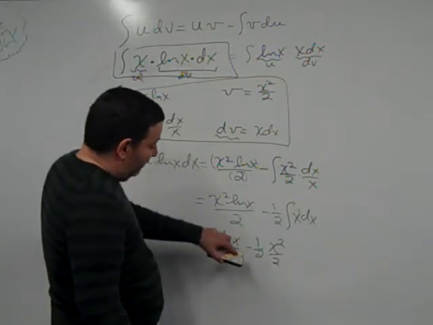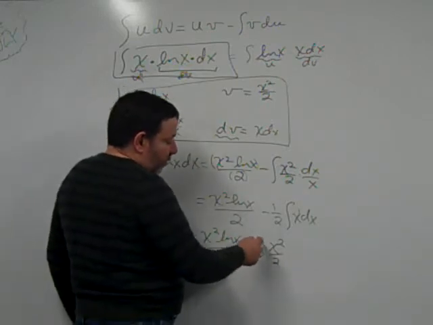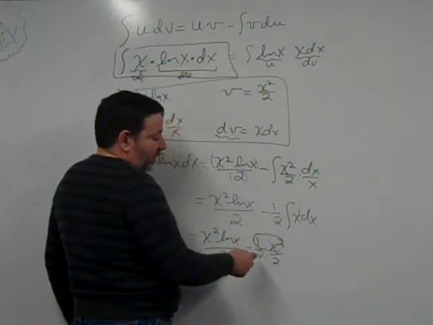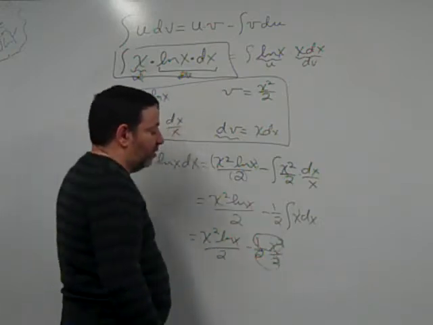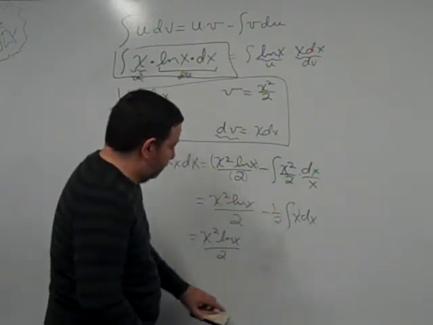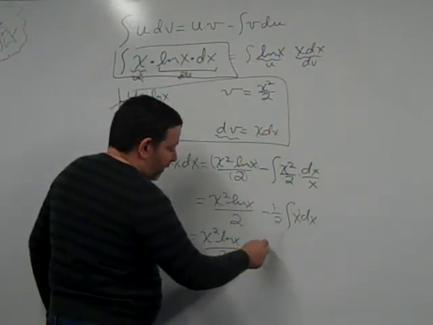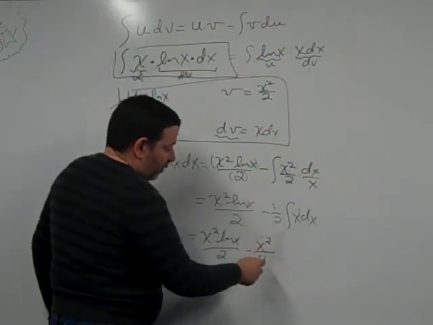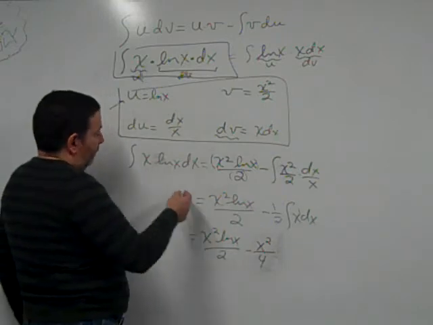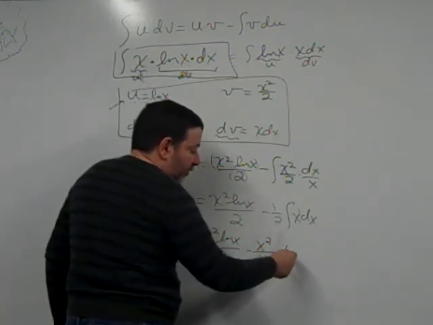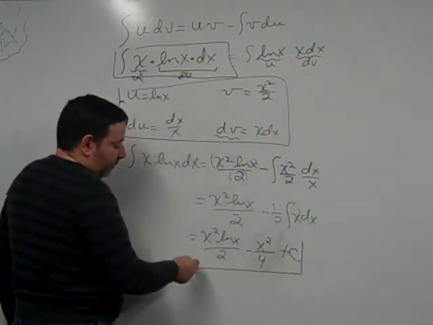Basically, 1 times x squared is x squared, and 2 times 2 is 4. So you get x squared over 4. And since it's an integral, plus c.